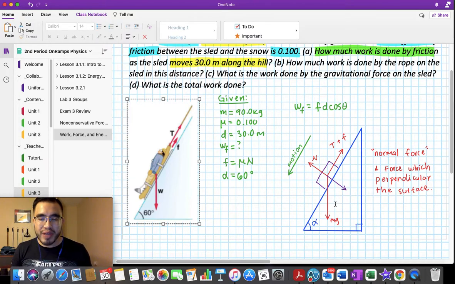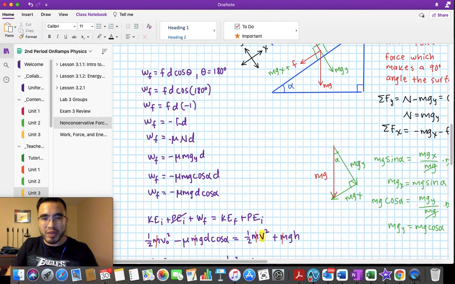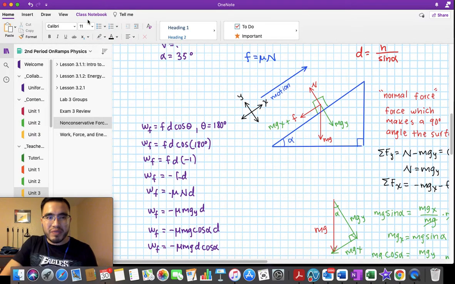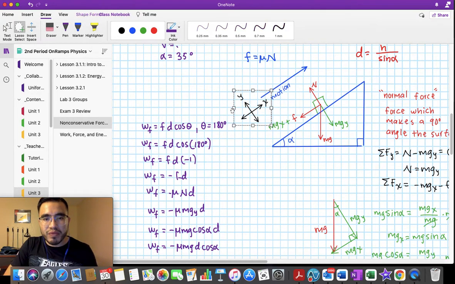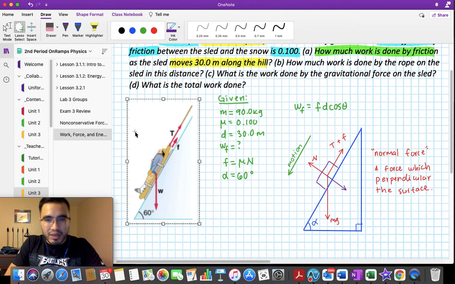we always want to have our coordinate system so that it matches the motion. So the motion would be down the incline, right? So that has to be either x or y, because normally our x is horizontal and the y is vertical. So I'm just going to copy this one from the previous video, so I don't have to do it again, right? We'll do a few changes as needed for this one.